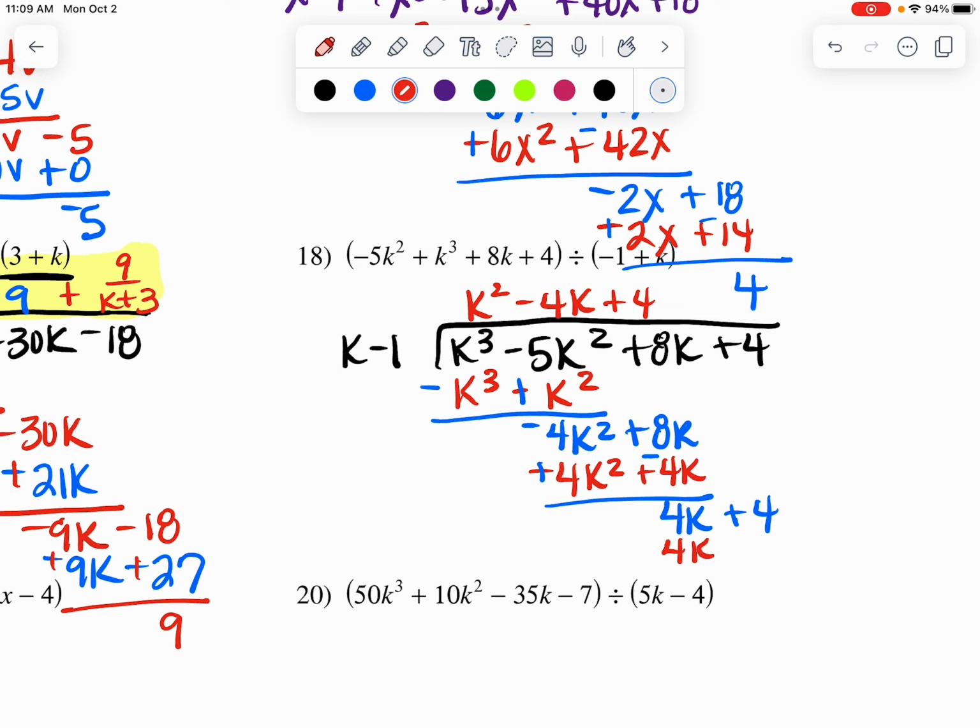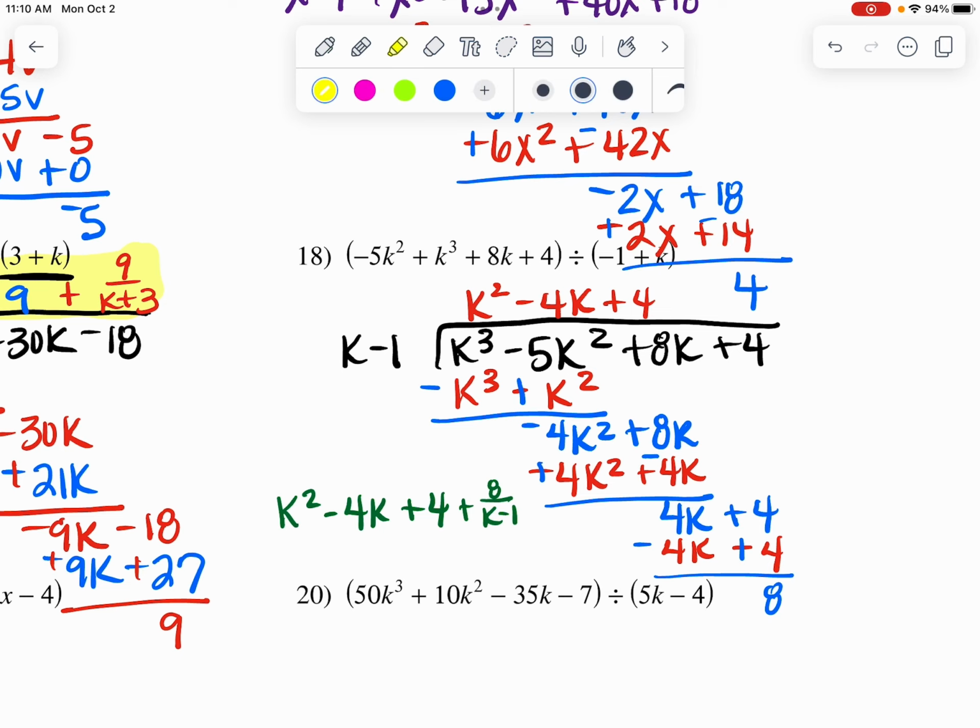So close. I was getting optimistic there for a second, and then minus 4, but whenever I go to change my signs, that is going to make that an 8. So my remainder, I'm going to write the answer over here because that's going to run into it, would be k squared minus 4k plus 4, and then plus 8 over k minus 1. So that's the solution for 18.